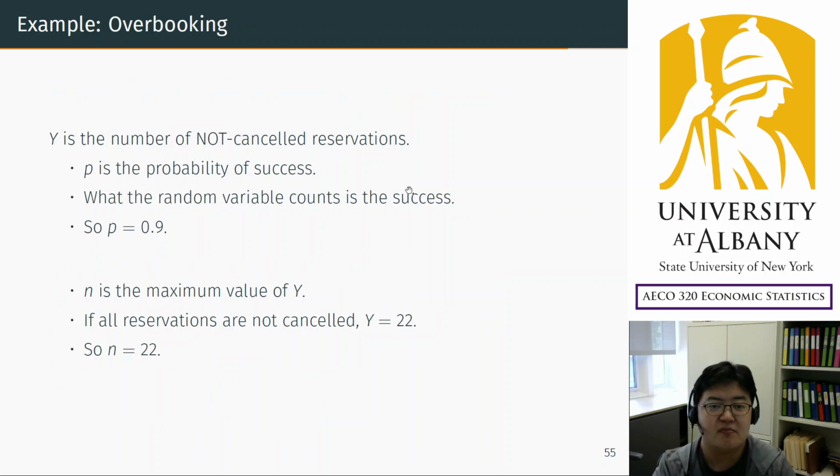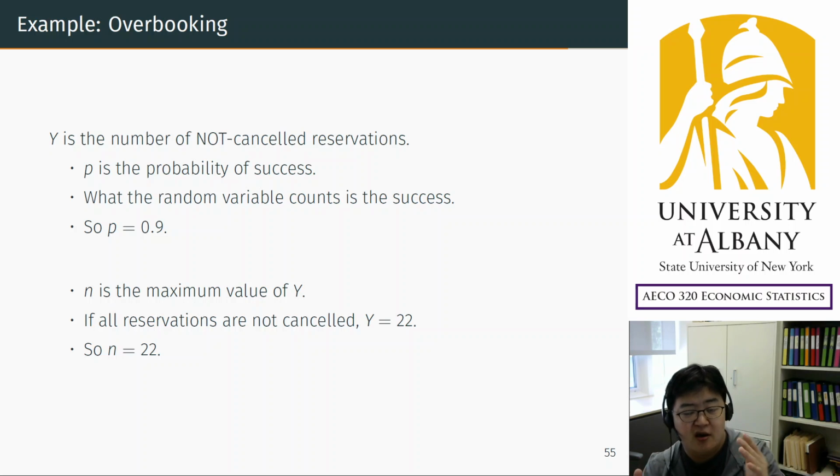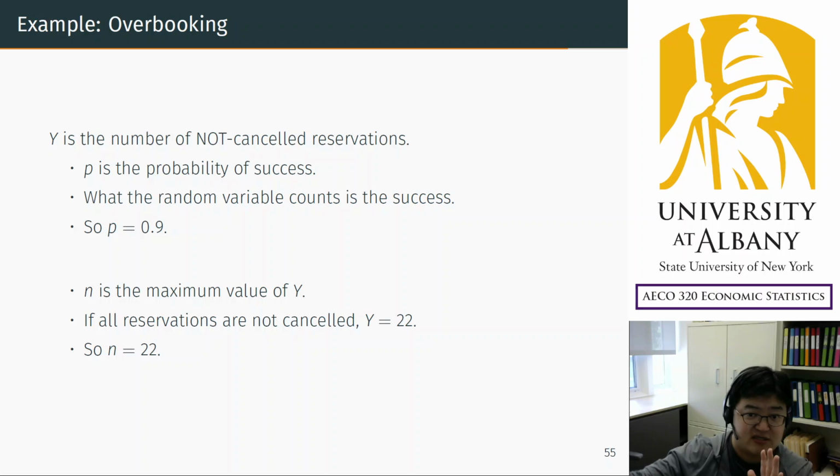First, remember we defined Y as the number of non-cancelled reservations, which is different from our earlier examples, because in the earlier examples we proceeded with the number of cancellations. We focused on the number of cancellations rather than non-cancellations. So now we are counting different sides. Earlier we counted from this way, but now we are counting from the other side.